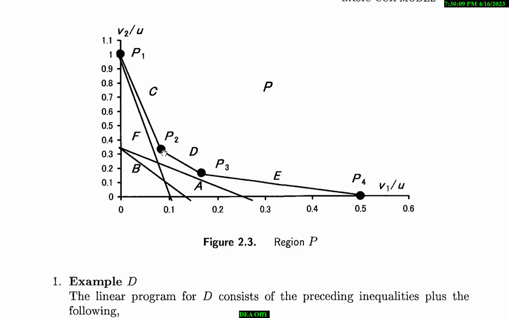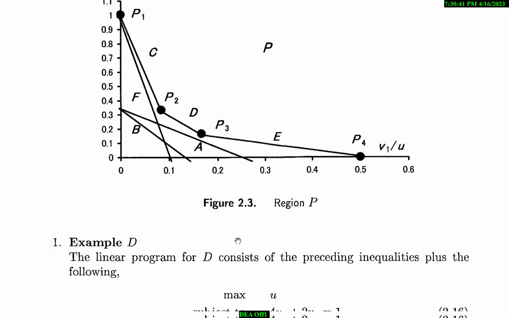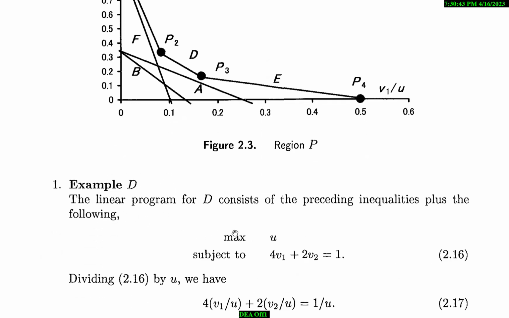So the objective function of the model will be 1, and the optimal weights correspond to the segment between P2, this point, and P3, this point. All of these are optimal solutions of the model which solves the CCR model for DMU-D.